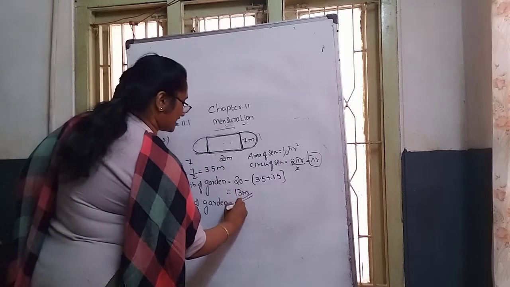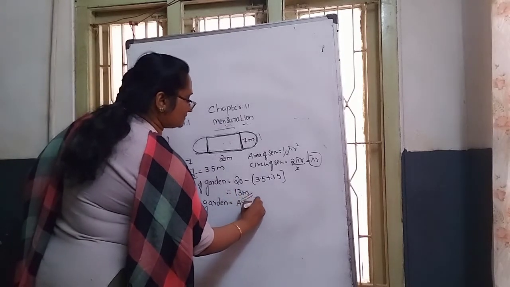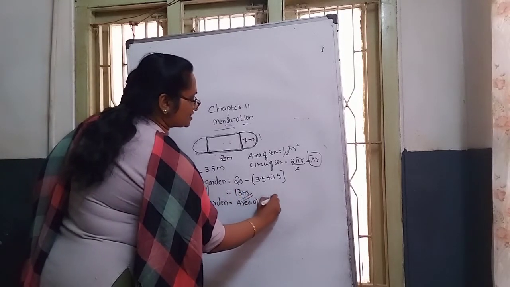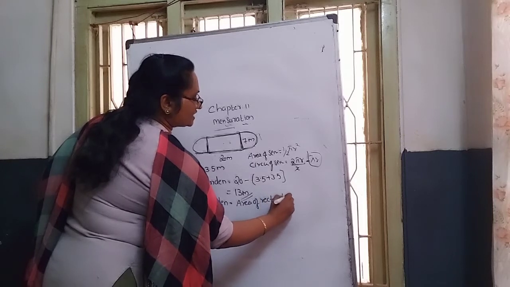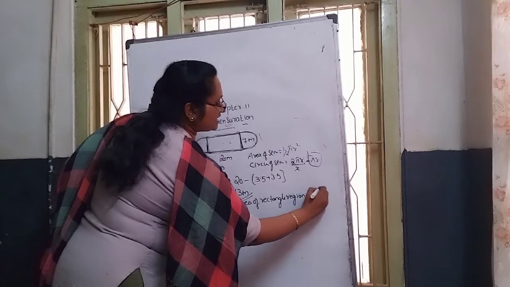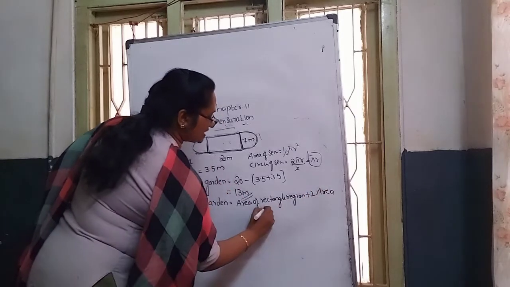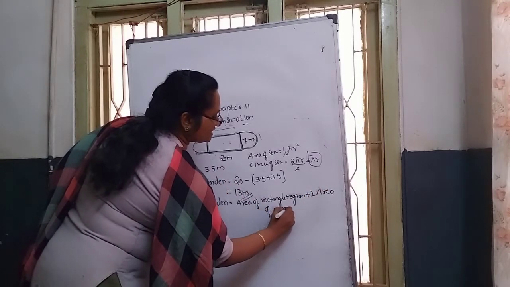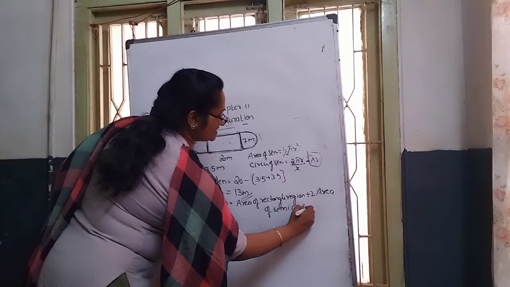That is the area of the rectangular region plus 2 times the area of a semicircle.